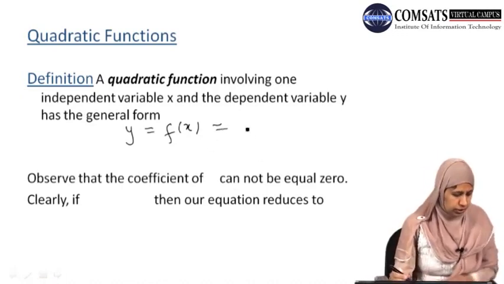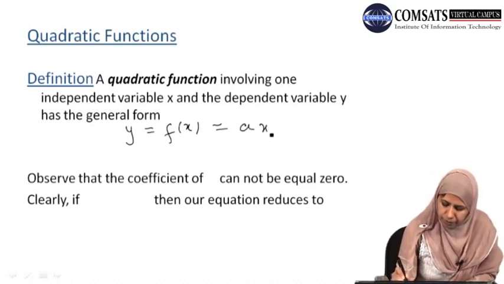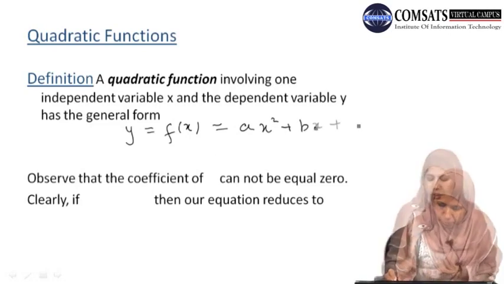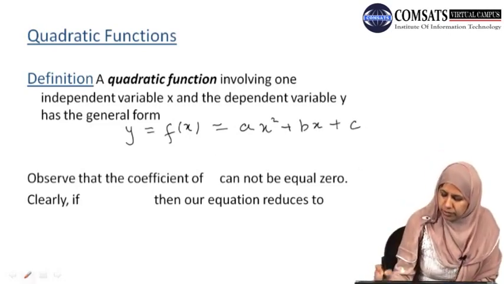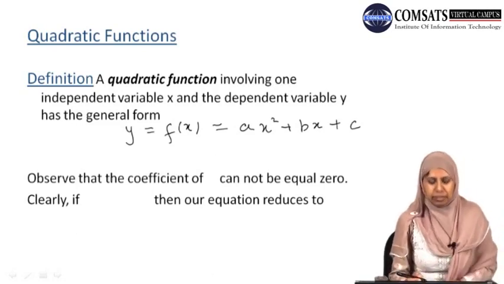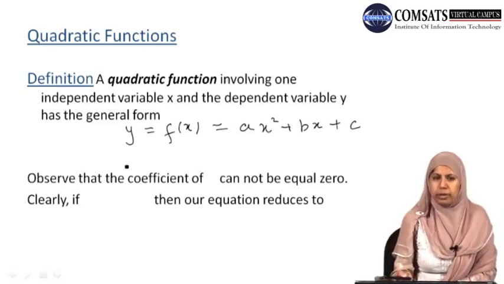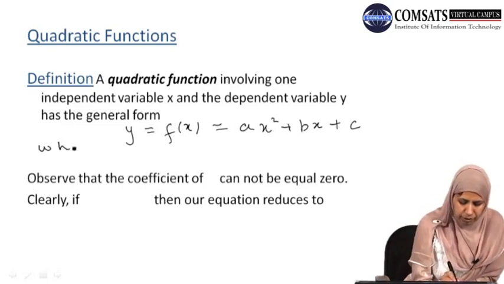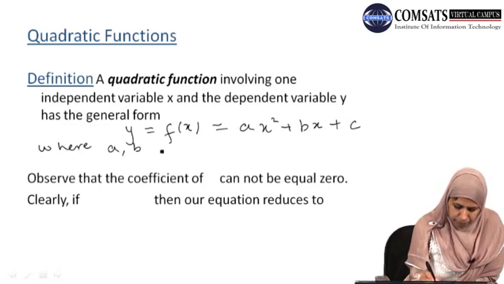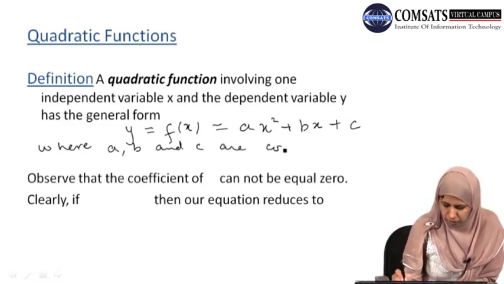And what will be the equation? The equation will be ax² + bx + c. Definitely there will be some condition on a, b and c, where a, b and c are constants.